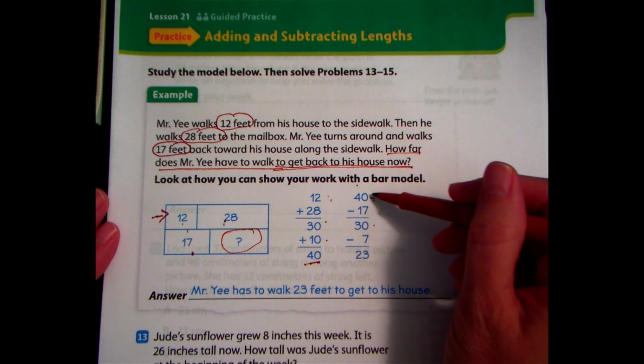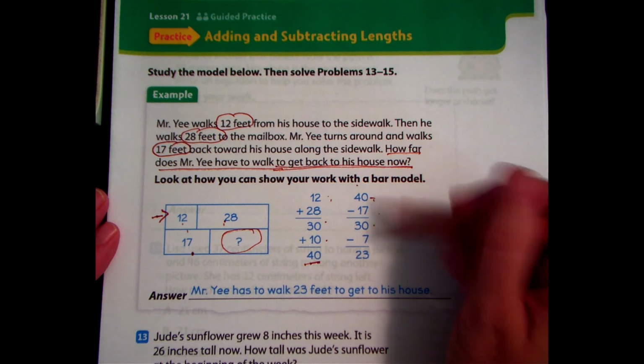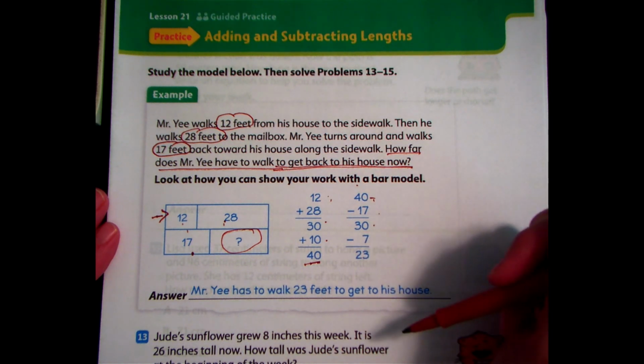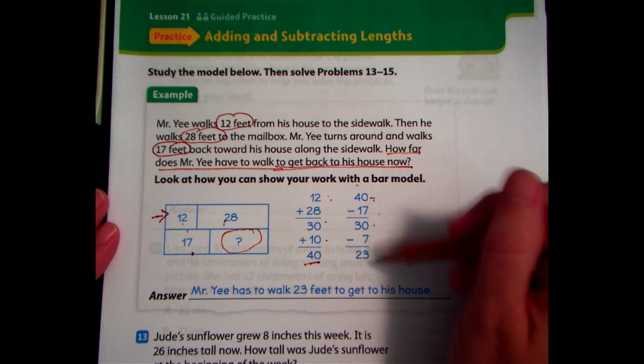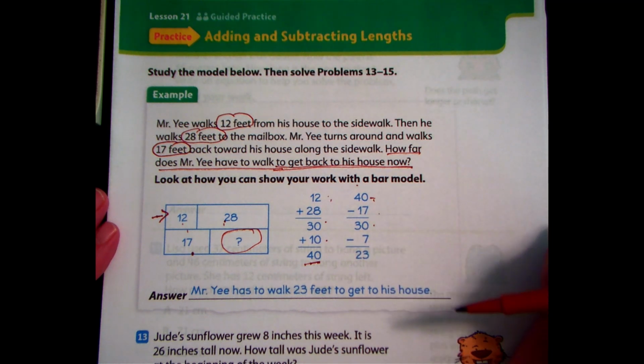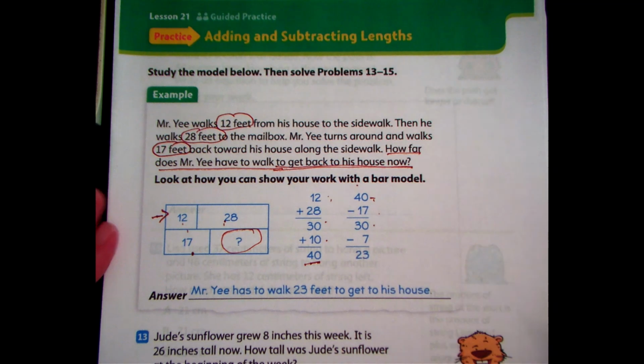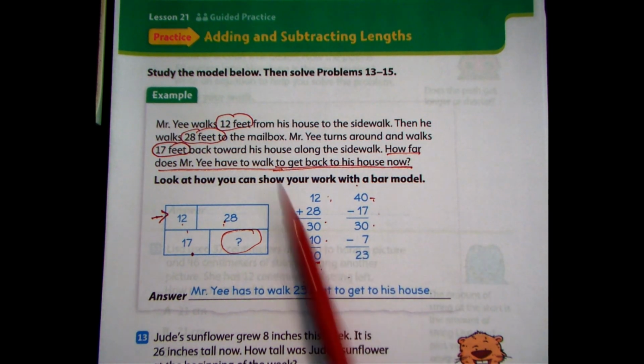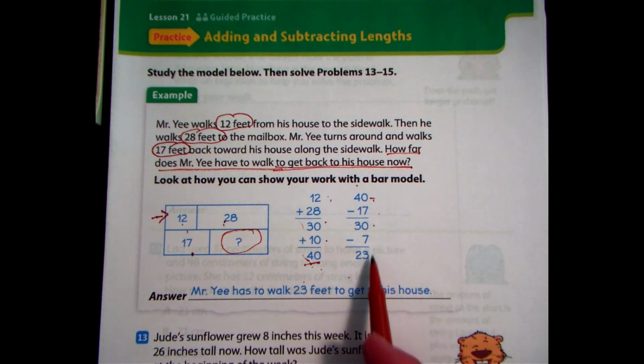Then we're going to subtract the 7, which gives 30 minus 7, 23. So he has to walk 23 feet to get to his house.